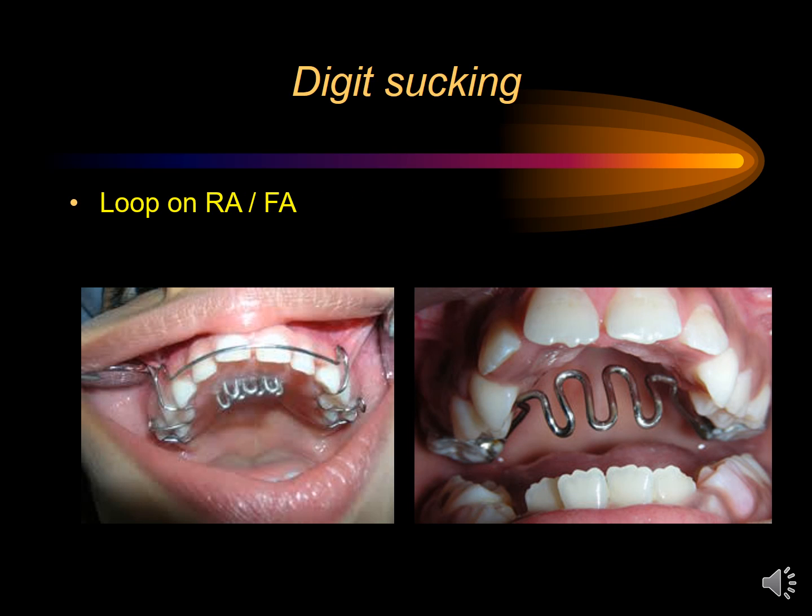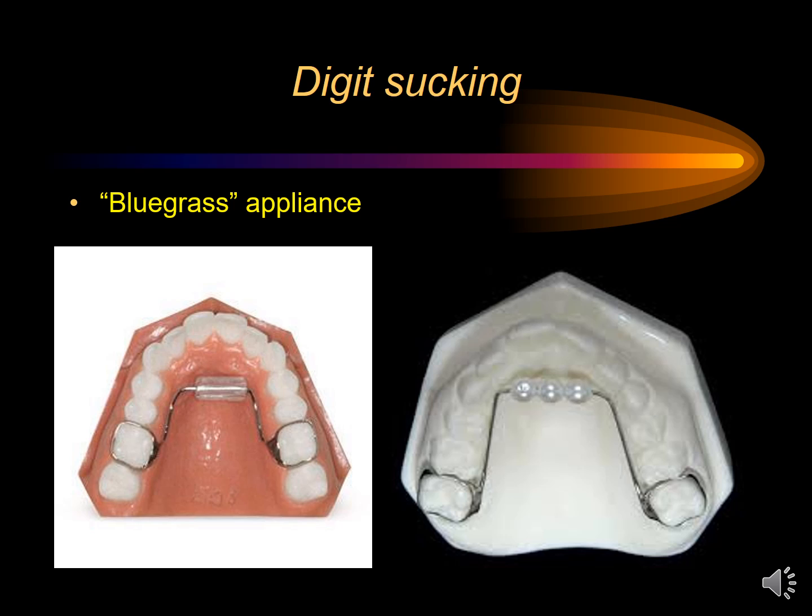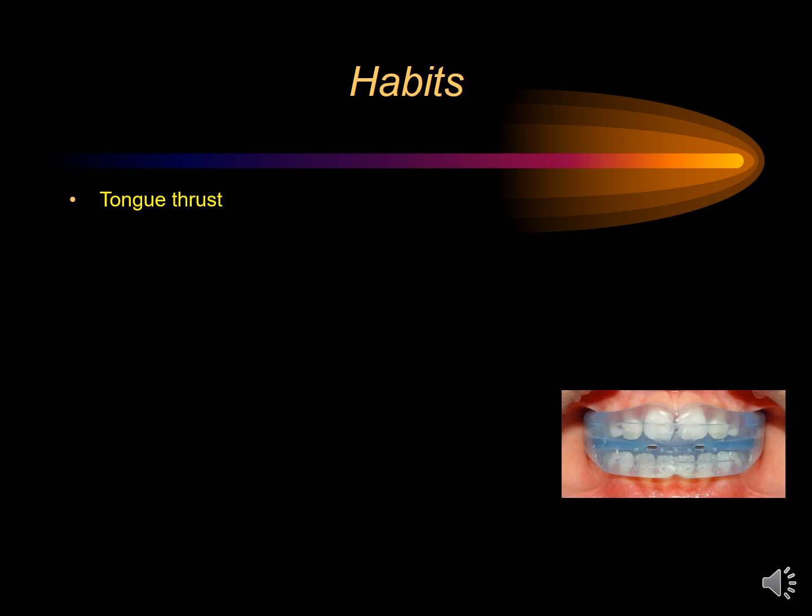This is a loop carried on a removable appliance, or as you can see here, on a fixed appliance. And this is a bluegrass appliance, an example of a bluegrass appliance, which can also be utilized to stop the digit sucking habit.